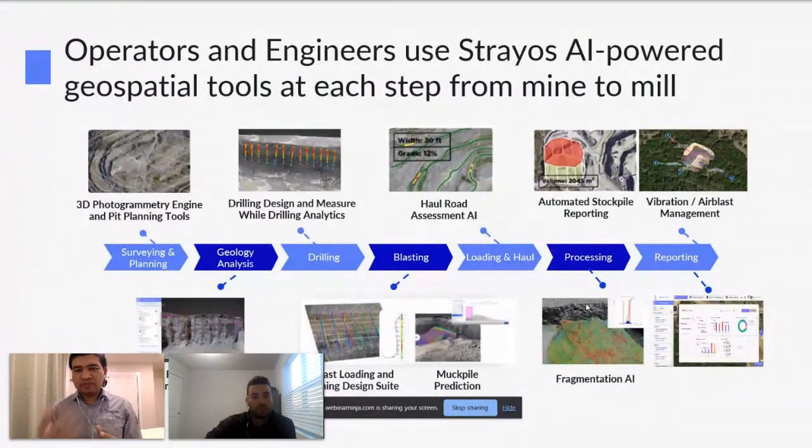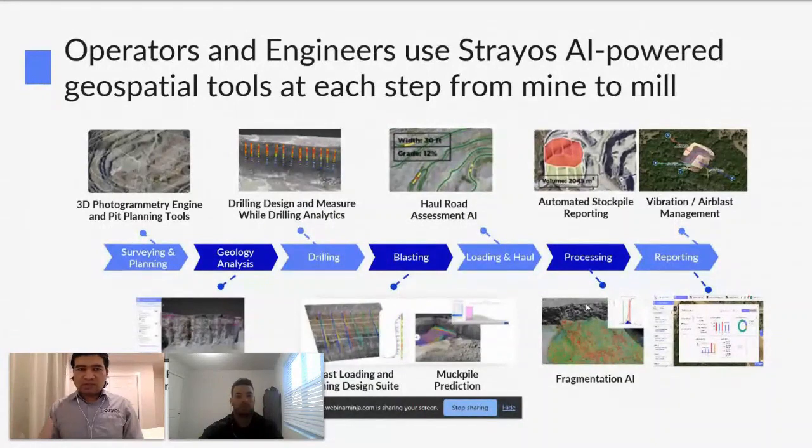And then within the same data, there are tools such as geology analysis, drilling and blast planning, loading and hauling, and various prediction tools on that. And then on the post-blast side, you can run fragmentation analysis and reporting, along with KPI tracking for various cost optimization initiatives that you may have.